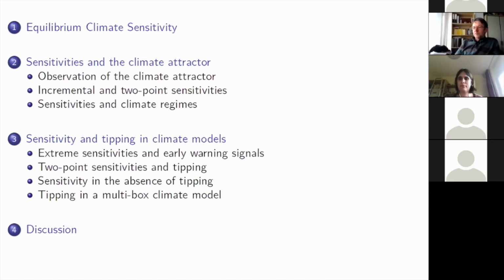For instance, in the classical definition, you take the mean global temperature, you double the CO2 content of the atmosphere, you compute another mean temperature, and you look at the difference.